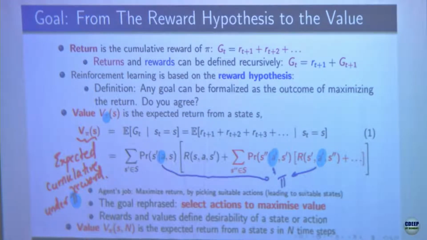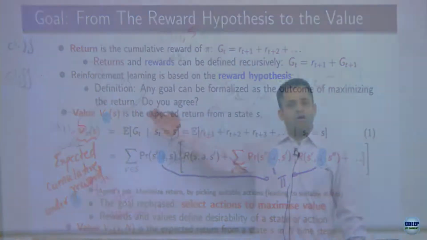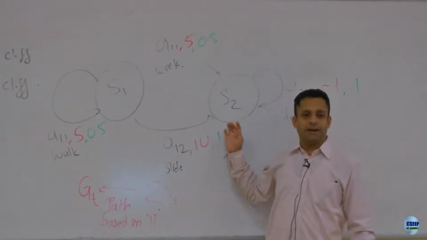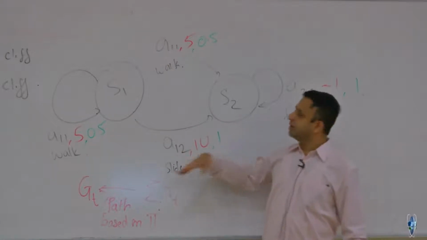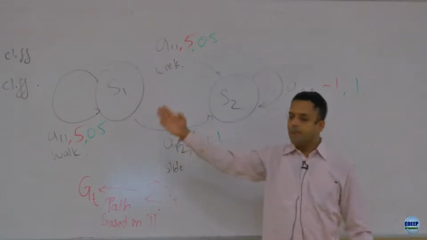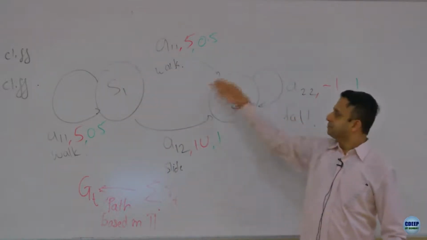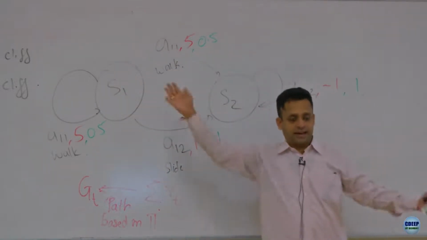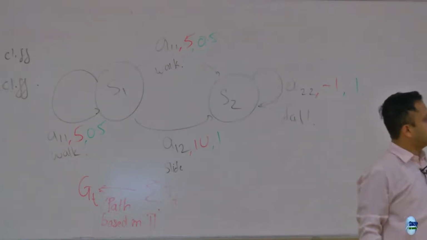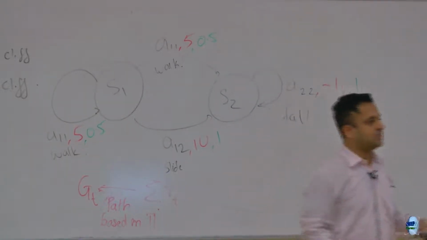So we had considered two policies, for example. One is if you are on land, always slide, that was pi 2. Another, pi 1, was if you are on land, always walk, which means you could either walk on the land or you could land up walking off the cliff. Okay, so under a particular policy, you could look at the expected return, and that's a function of the state.